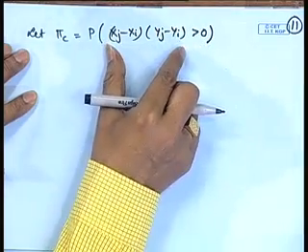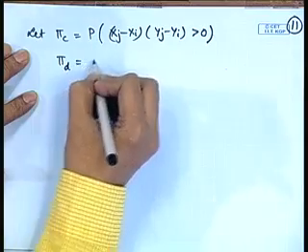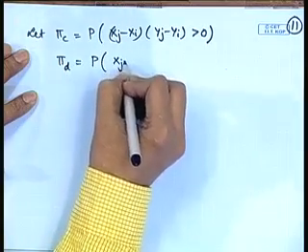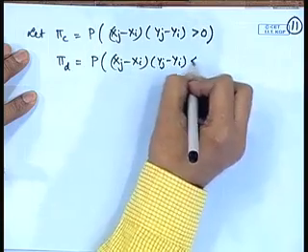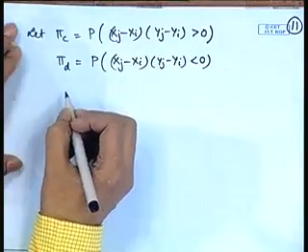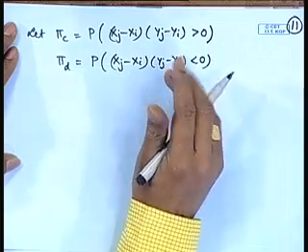You can see this is the probability of concordance, and we can consider pi d as the probability of discordance. Of course, we may have to include equality at one place to exhaust all the possibilities.